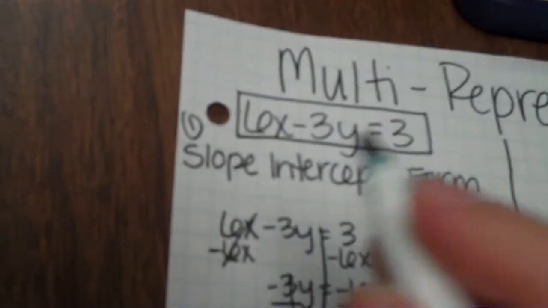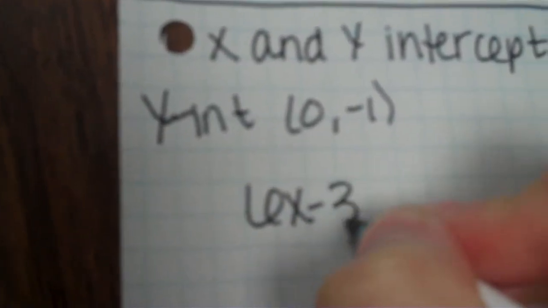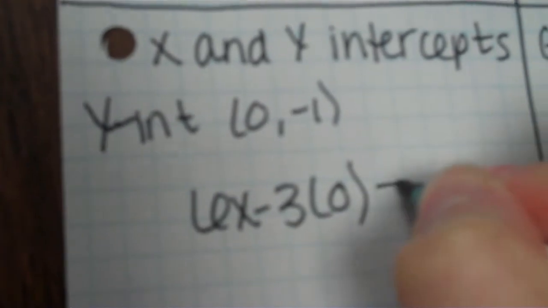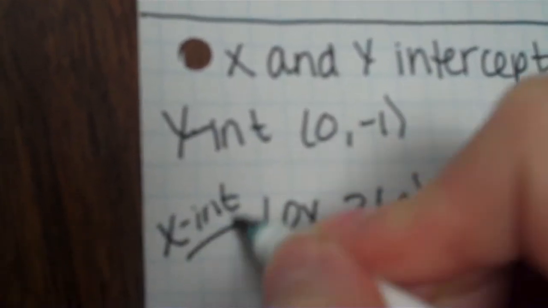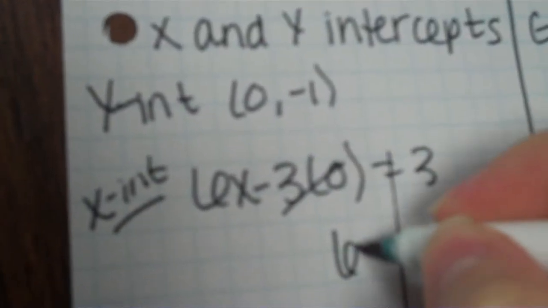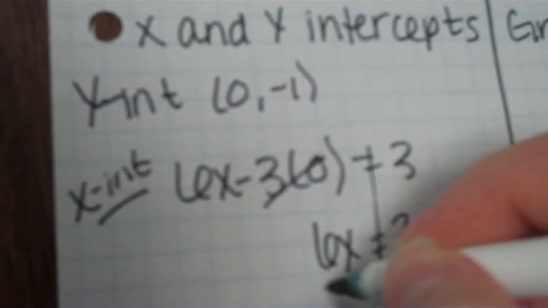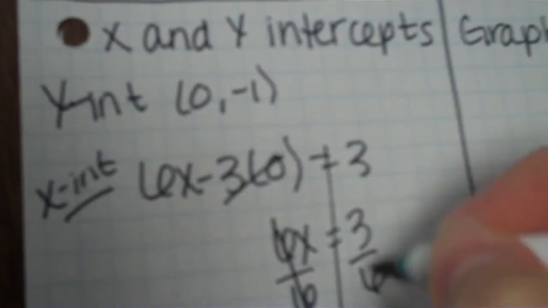Remember, the x-intercept is when y is 0. So I'm going to write 6x minus 3, but instead of y, I'm going to put 0 equals 3. I'm going to put x in over here. That goes away. 6x comes down. And then we divide by 6. 3 divided by 6 is 0.5.